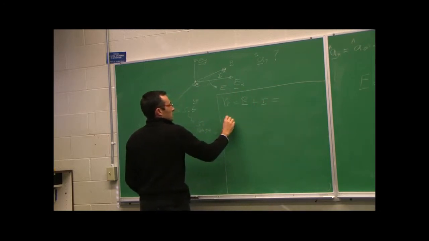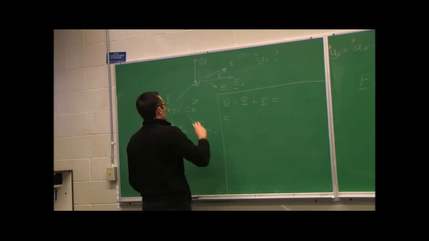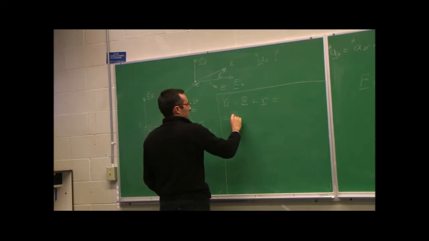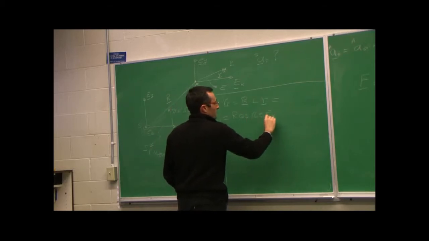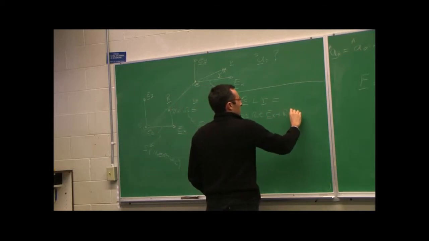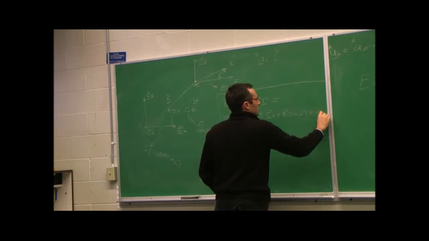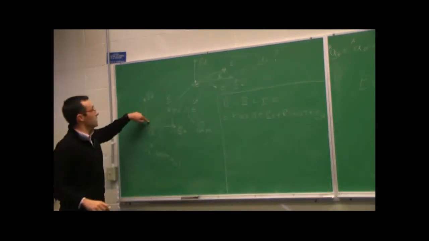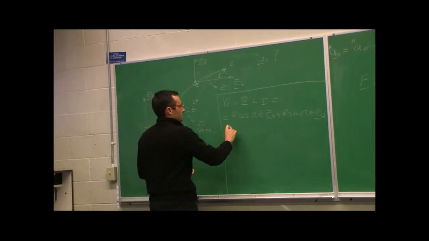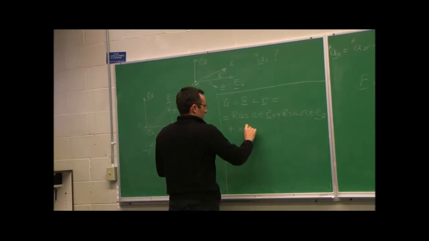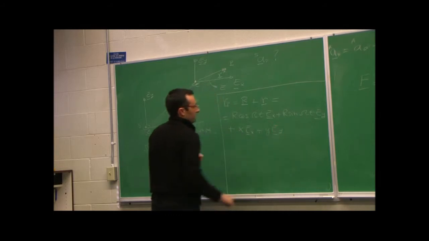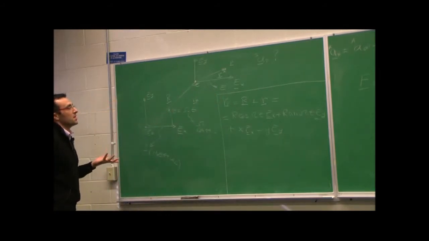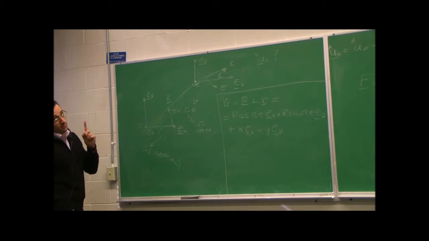And I've been told the following, that big R is nothing else than r cosine omega t big EX plus r sine omega t big EY. That takes care of this vector, Sun to the Earth, plus little x EX plus little y EY. I use the same coordinate system for two frames, except the origin is different.